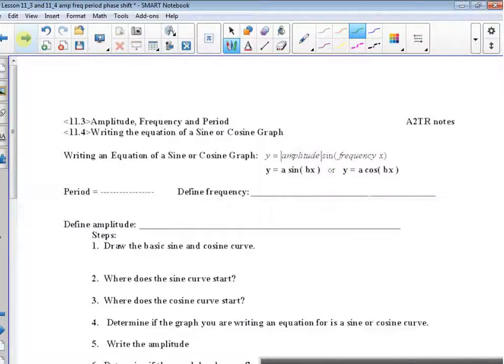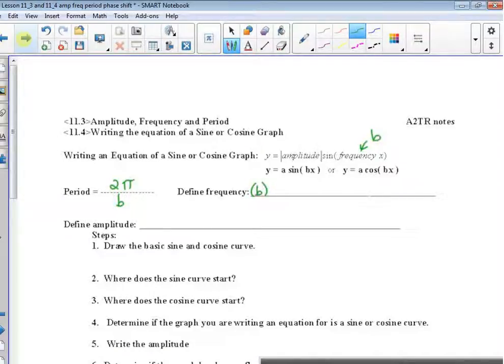Again, the equation goes amplitude sine frequency x, or y equals a sine bx, or y equals a cos bx. The period is 2 pi divided by b, which b is the frequency. And the frequency is b.